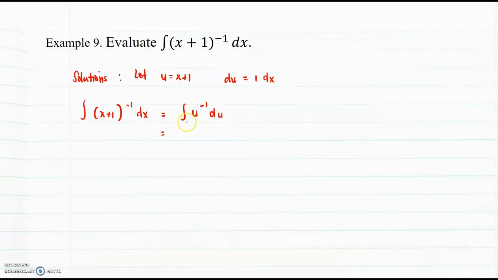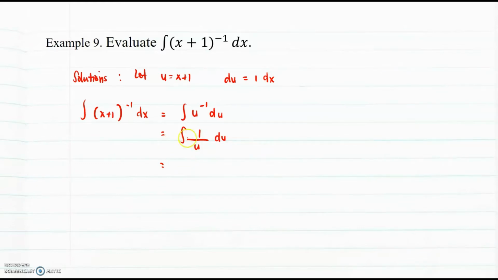Rewriting our integrand such that our exponent is not negative, we have the integral of 1 over u with respect to u. Now we can apply the general logarithmic rule.